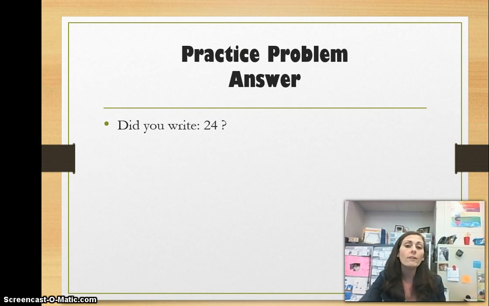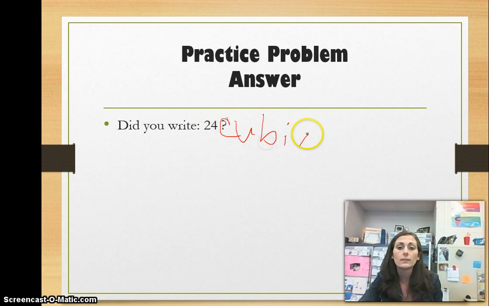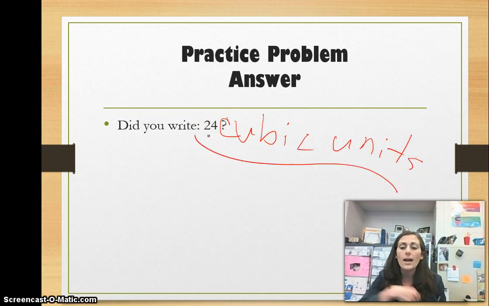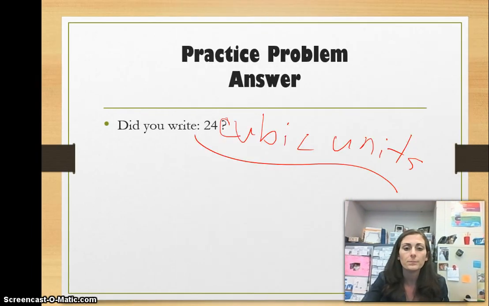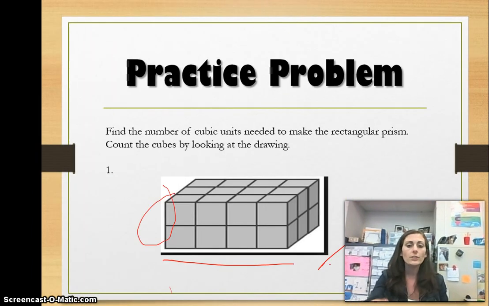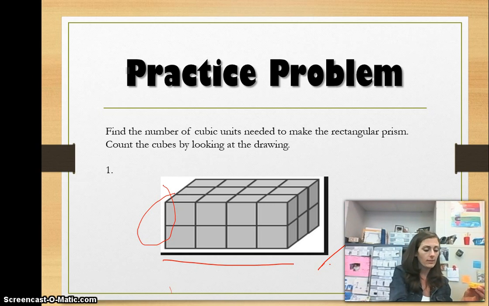If you wrote 24 cubic units, you are correct. Now, if we go back, it shows you that the length is 4. Then that the width is 3.